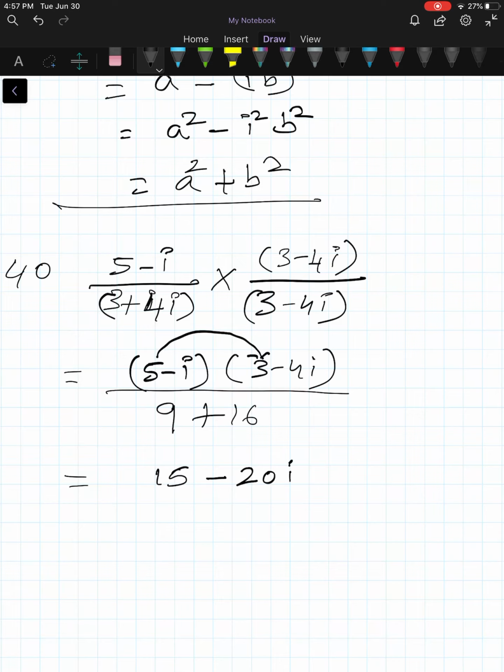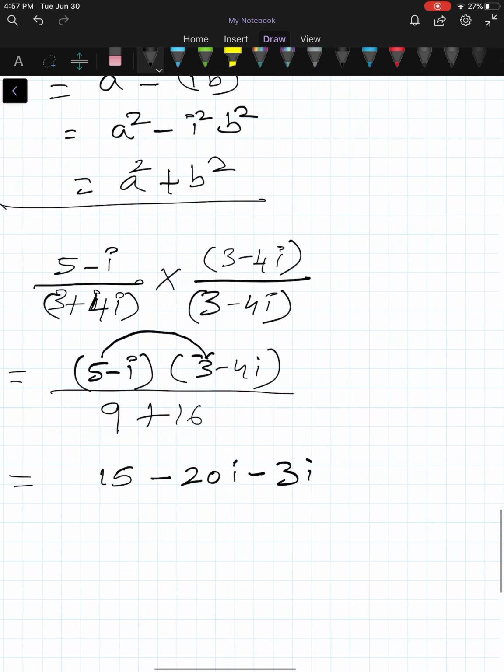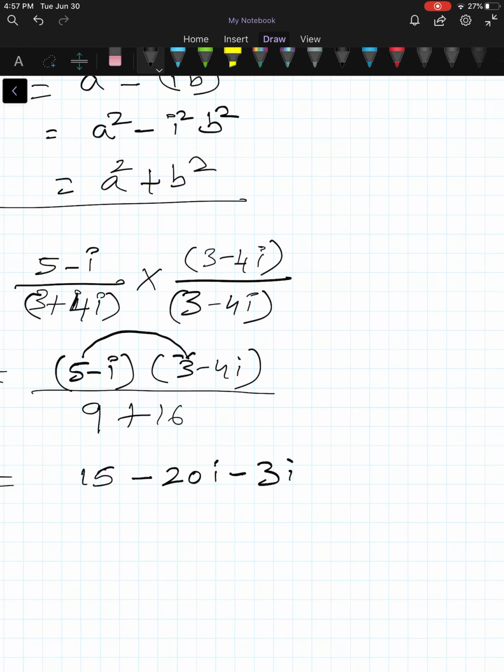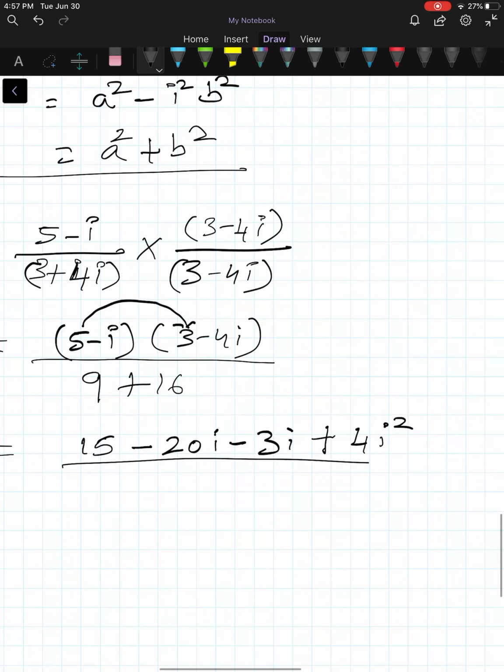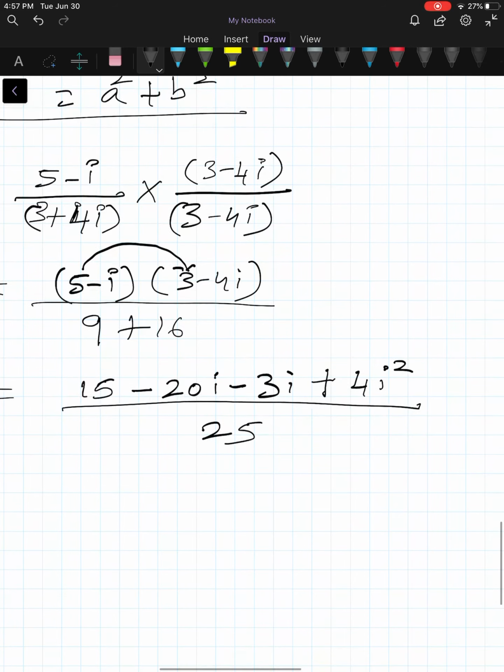The inner terms are negative i times 3, so that would be negative 3i. And the last terms are negative i times negative 4i, and we will get positive 4i square. Correct? Divided by 9 plus 16, which is 25.